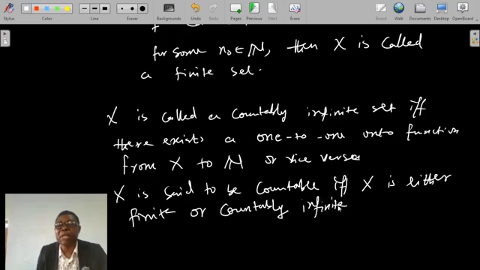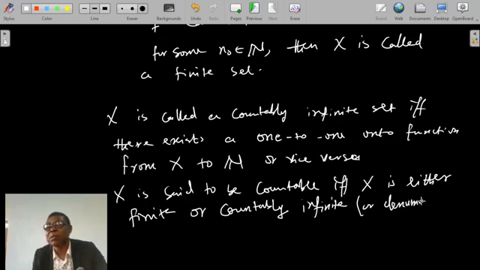So a countable set is a set that is either finite or countably infinite. Remember that countably infinite sets are also called denumerable sets.